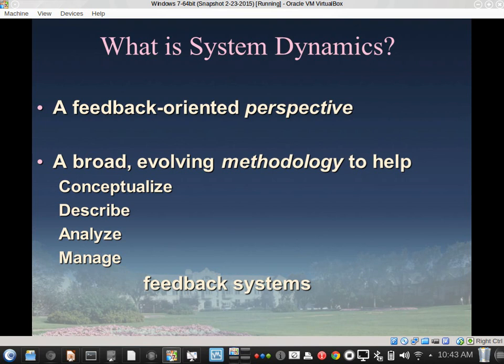But the reflection is that it turns out if you want to understand the behavior of systems out there in the world, often some of their core behavior is driven by feedback. So let's take the vicious cycle that we talked about earlier.